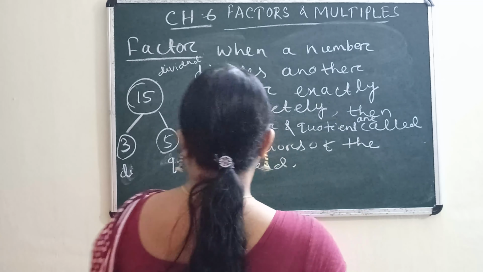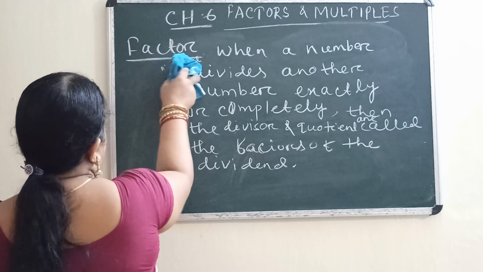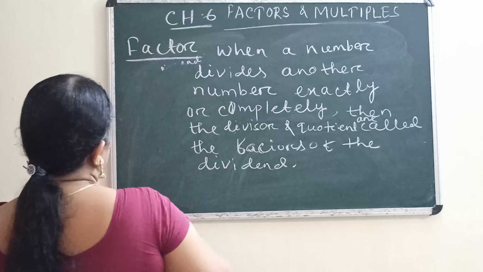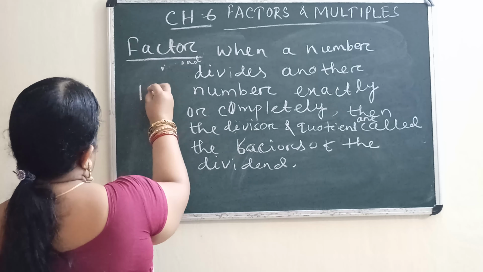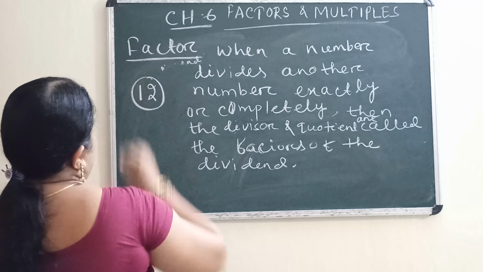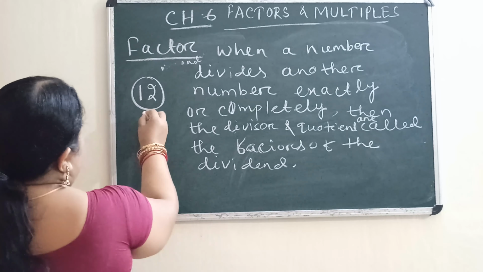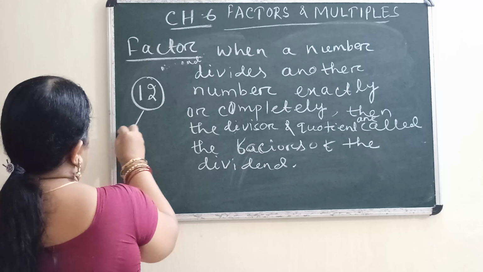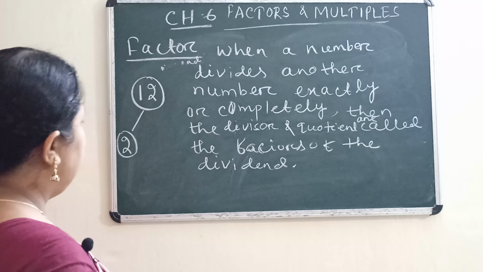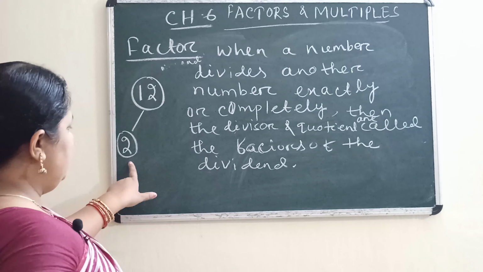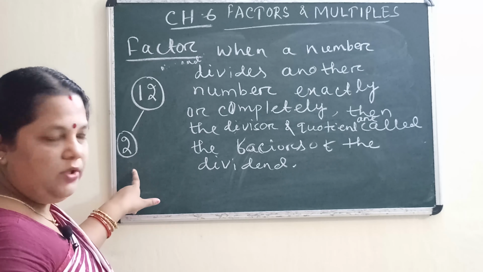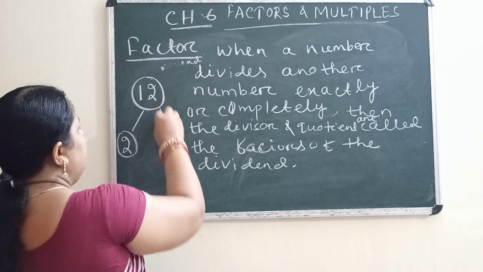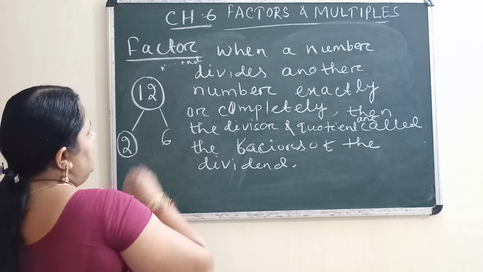Okay. So one more example, if I ask children, 12. Here we are dividing 12 by 2. This is your dividend, this is your divisor. We are dividing by 2. So how much will we get as quotient? 6.